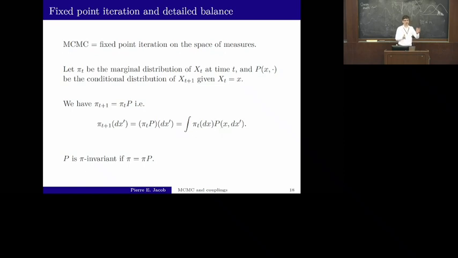So if you integrate over the first, then you end up with the marginal of the second. That's it. And so by construction, those algorithms are pi invariant. So they're constructed in such a way, so this ratio that we've seen in the acceptance decision is exactly such that if you were already distributed according to pi, after one step you will still be distributed according to pi. Right? That's not enough to guarantee convergence to pi, but that's a good start.